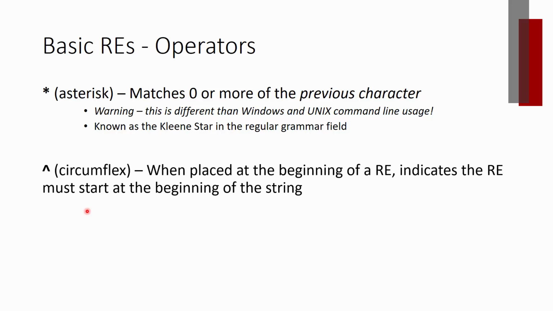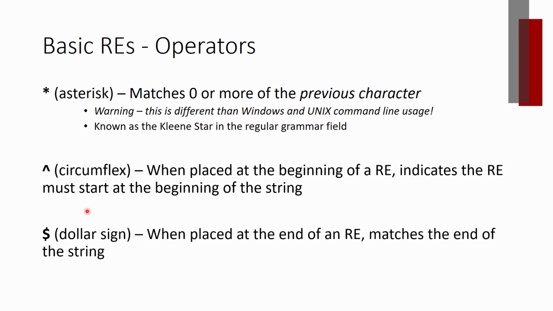The circumflex is the technical term for that little caret symbol above the 6, or the hat, you might have heard it called. The circumflex, when it's placed at the beginning of a regular expression, indicates that the regular expression has to start at the beginning of the string. So it's a way to anchor the text that you're searching for to the beginning of that string.